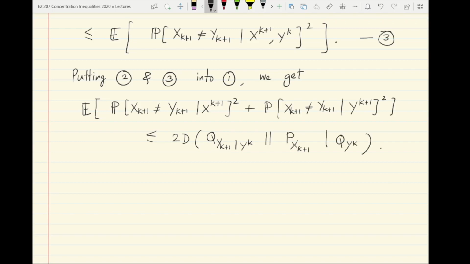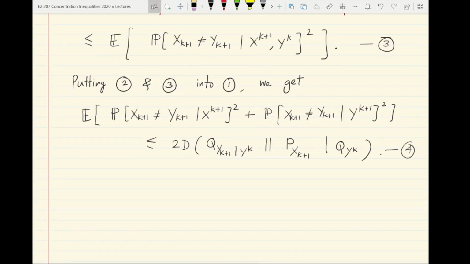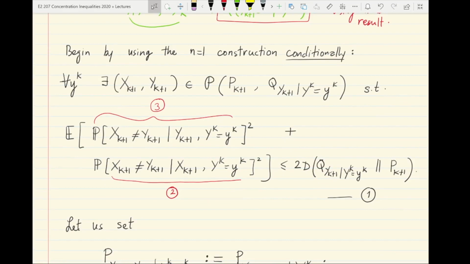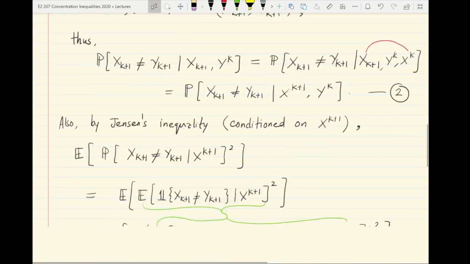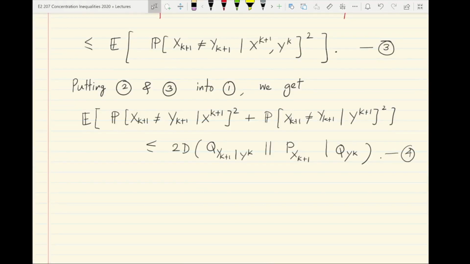Okay, so this notation is just saying that. So what we do to inequality 1 is just put in these expressions, and then we take expectation over yk. Okay, we just take expectation over yk to get this.